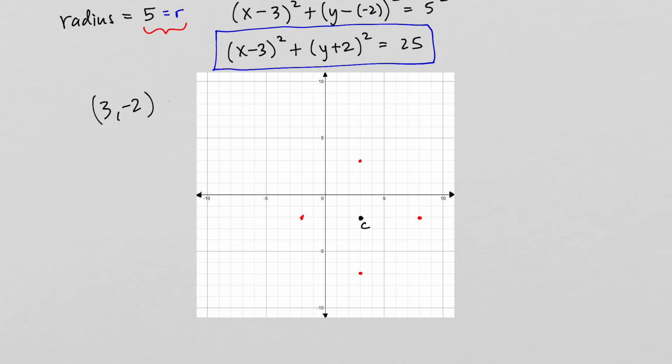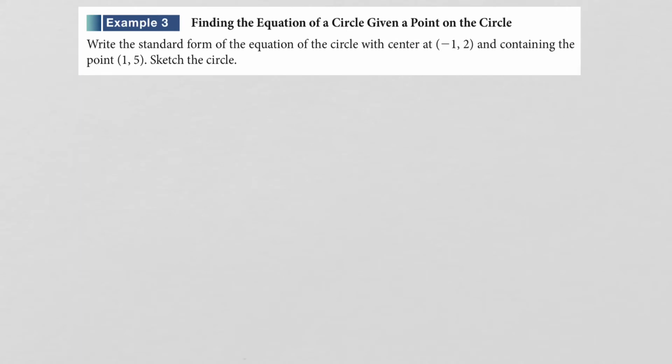And those 4 points give me a template to graph our circle. Anytime you graph something like this freehand, it's not going to come out looking perfect. But what we want to make sure is that we have the center graphed perfectly and these 4 points graphed perfectly. And then we just do our best to sketch that circle.